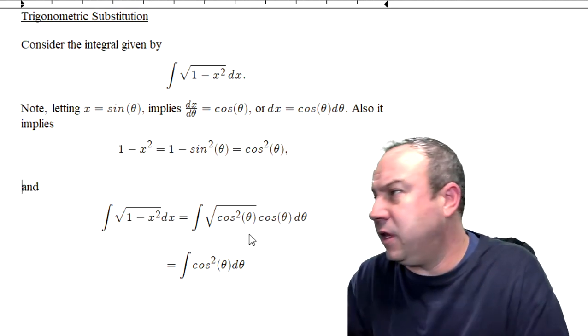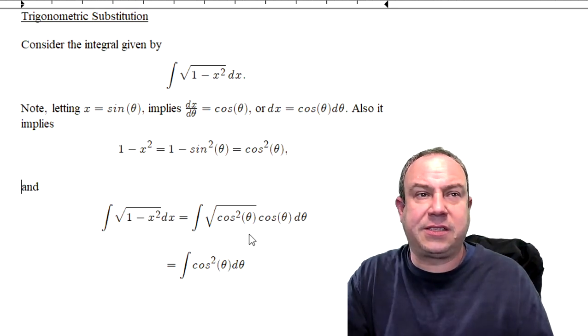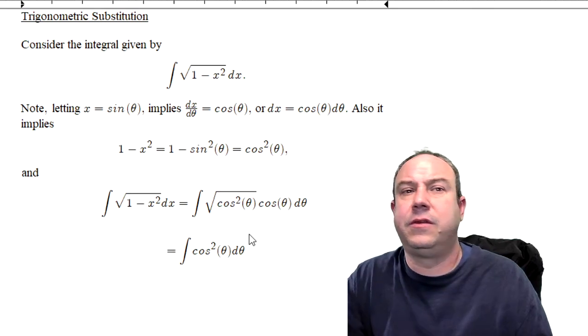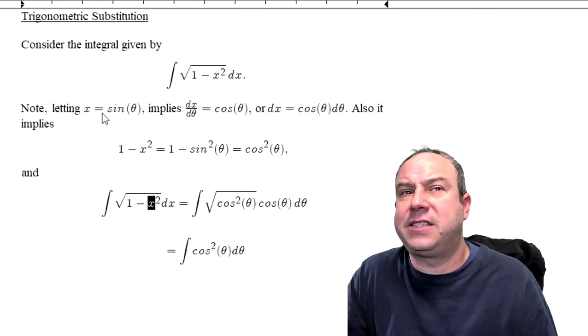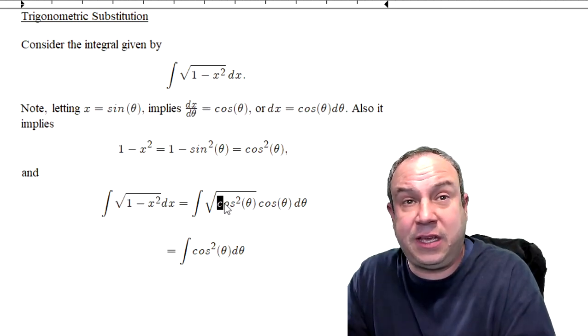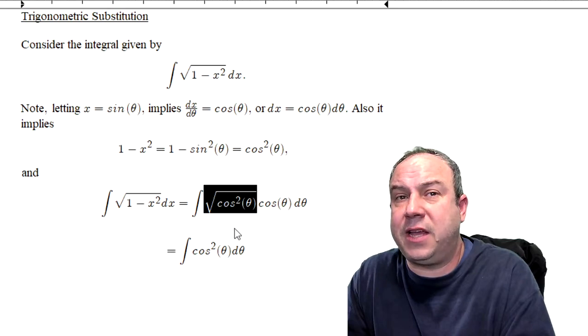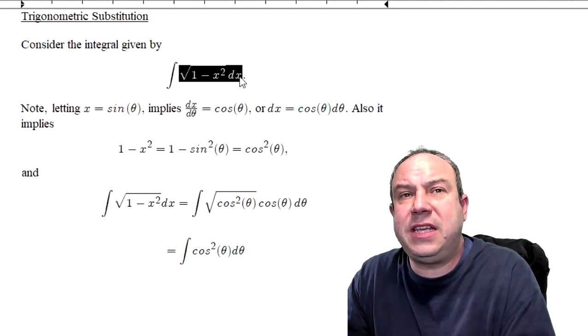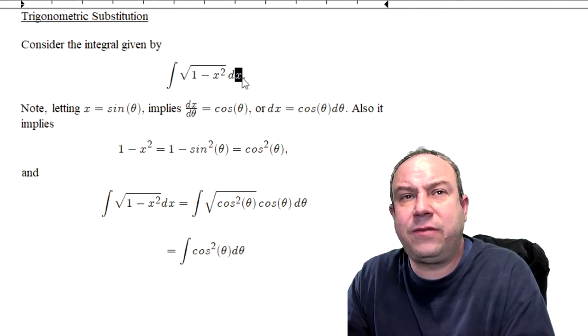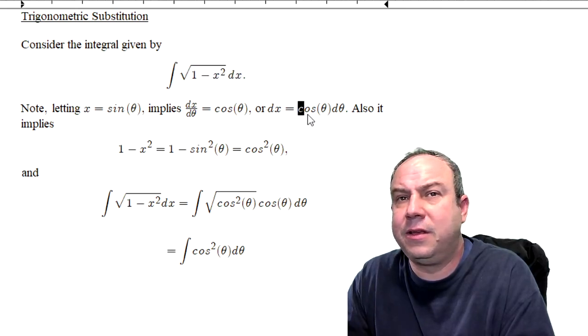If we do the substitution in this case, letting this x be the sine of theta makes the 1 minus x squared into the cosine squared theta underneath the square root symbol. And then as we had noted, the value of dx seen here is going to become cosine theta d theta.